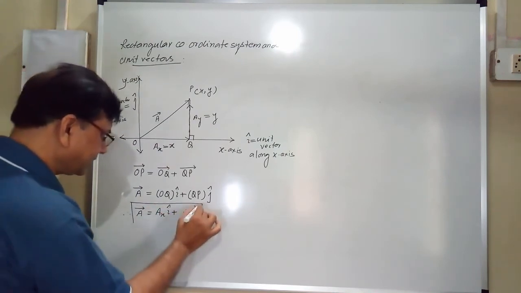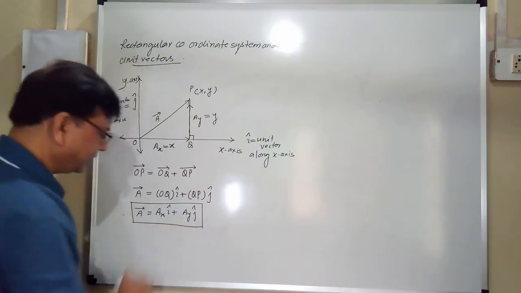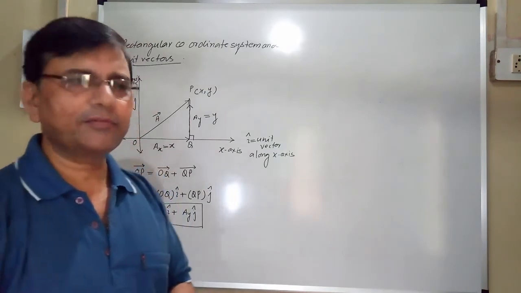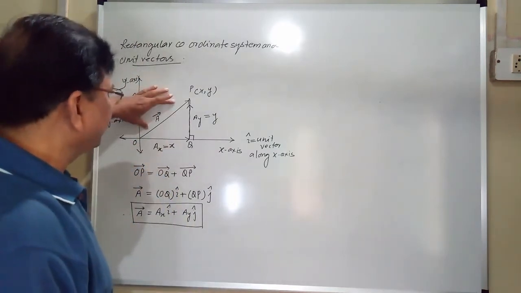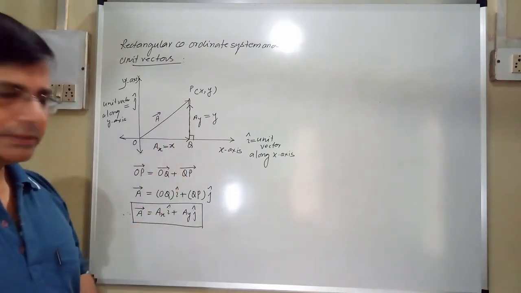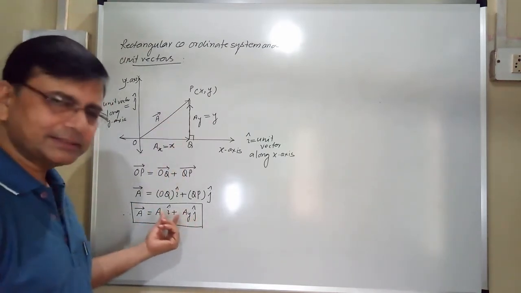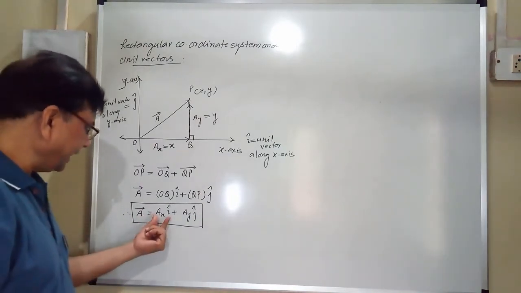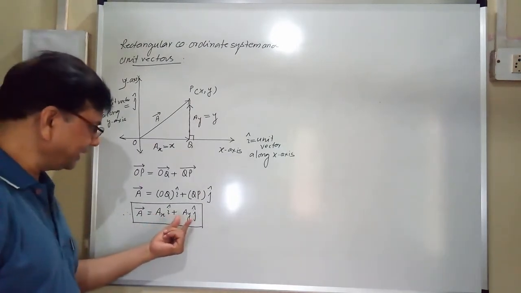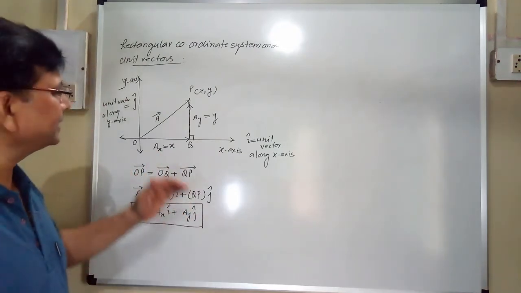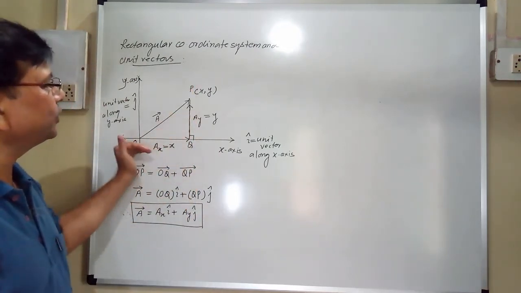This is the rectangular resolution of the vector A. Means in two perpendicular directions, these are the components, as we have studied in the previous article. AXI is one component, AYJ is another component, and these components are perpendicular to each other.